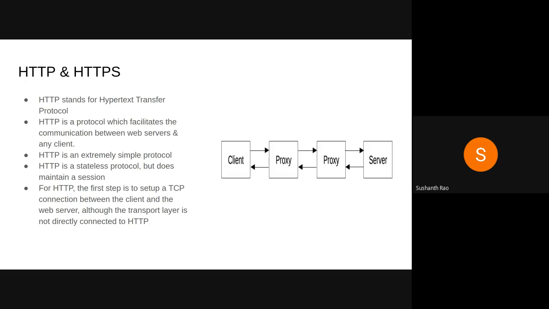There are two ways of setting up this sort of connection, TCP or UDP, but TCP is more preferred because of its reliability. TCP stands for Transmission Control Protocol. So the first step is setting up a TCP connection between the web client and the web server. After setting up a TCP connection, only then do we start the HTTP request and the HTTP response between the client and the server.